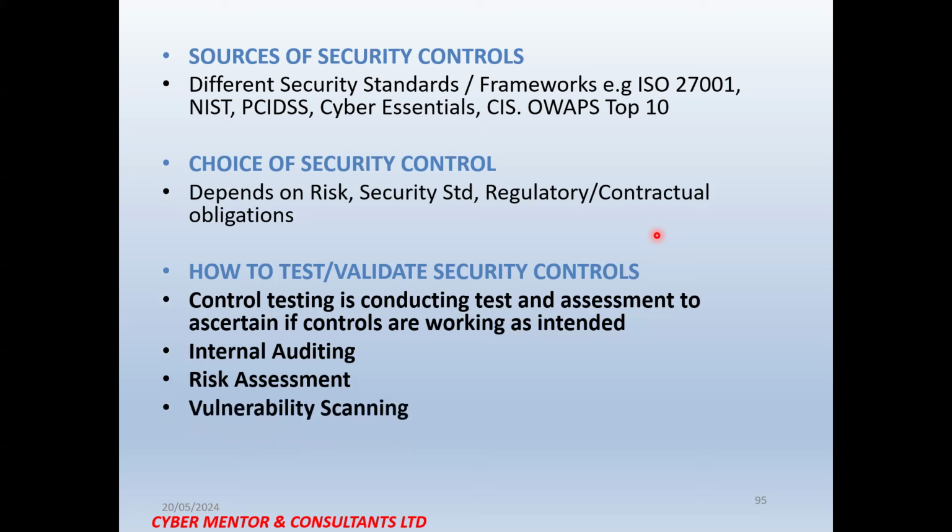You can scan your system using vulnerability scanners to identify weaknesses in control. You can also use penetration testing, which is another way of testing that your controls are working. It is ethical hacking, to hack into your system legally to see if you can penetrate or break into your network, just the way attackers do.